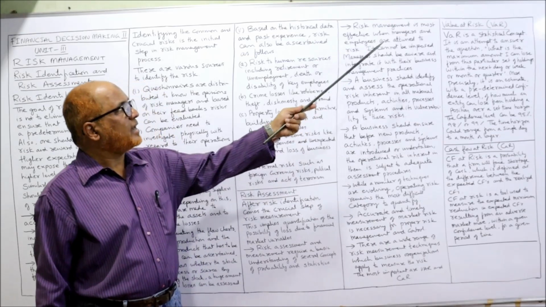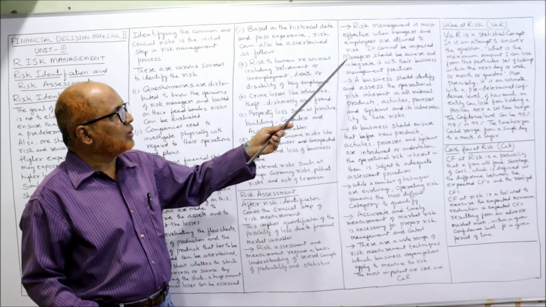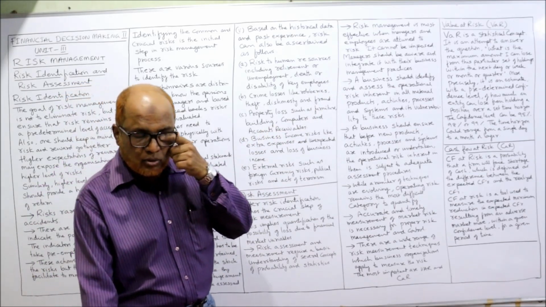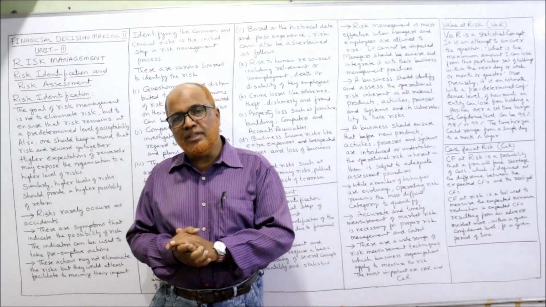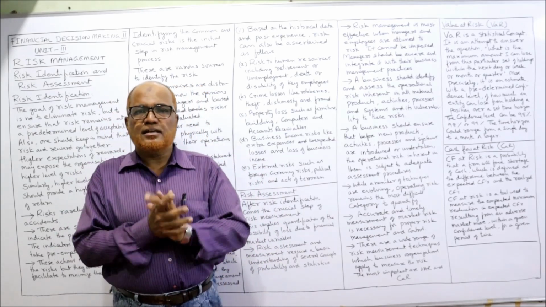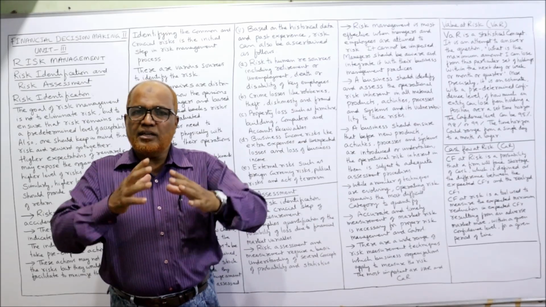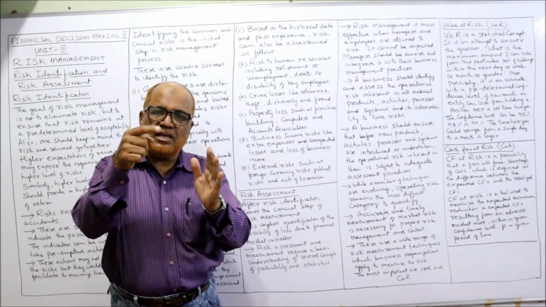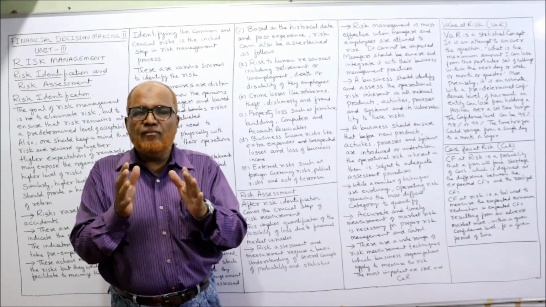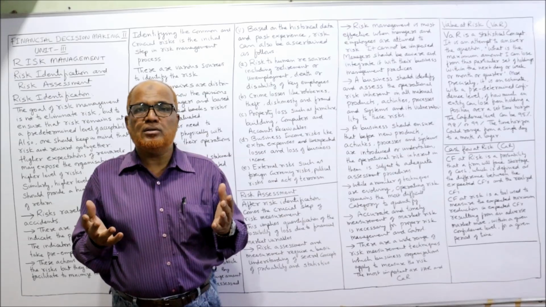Next one, risk management is most effective when managers and employees are attuned to risk. It cannot be imposed. One thing you remember, in the previous video also I have explained that risk is an integral part of the business. It cannot be removed. That means whenever there is a business, there is risk. So every manager in the business must know it.